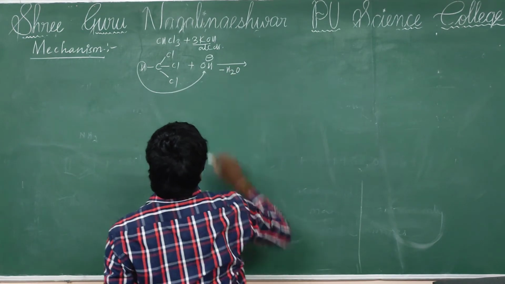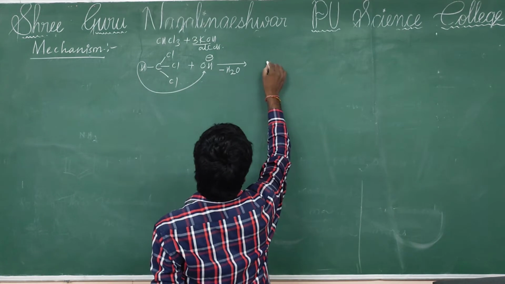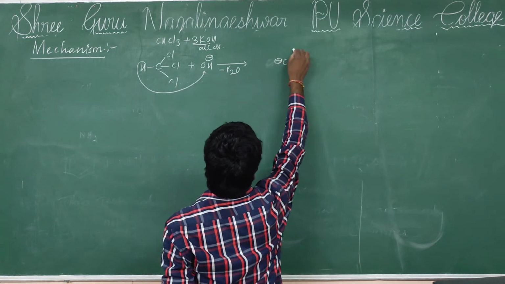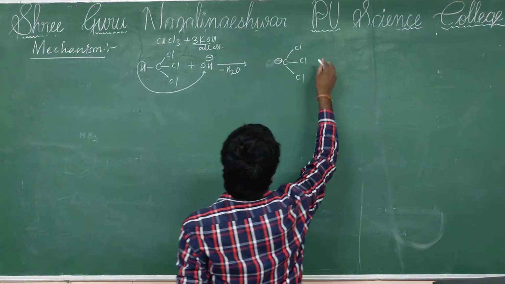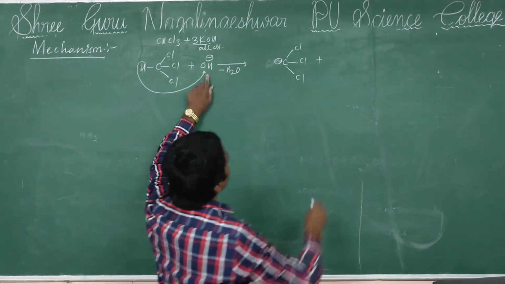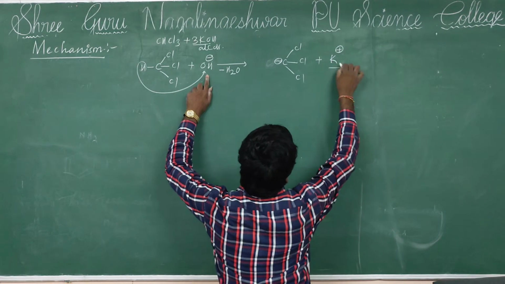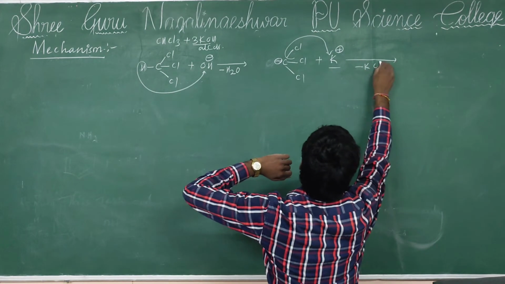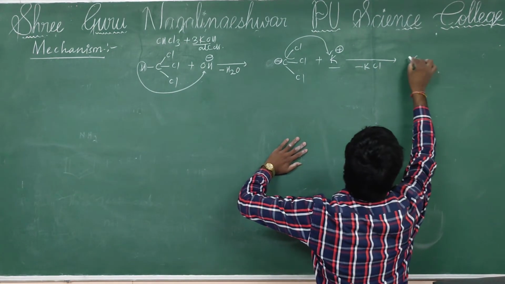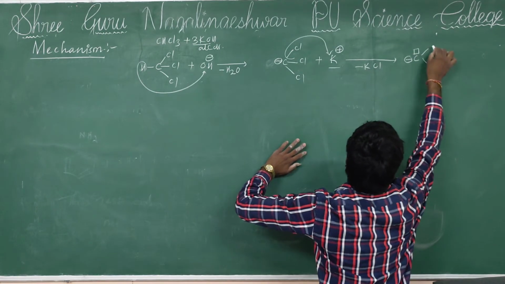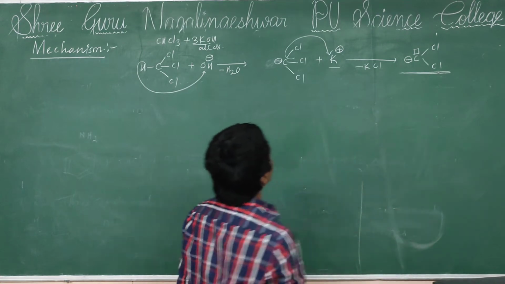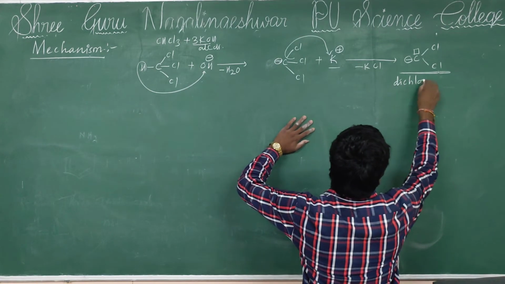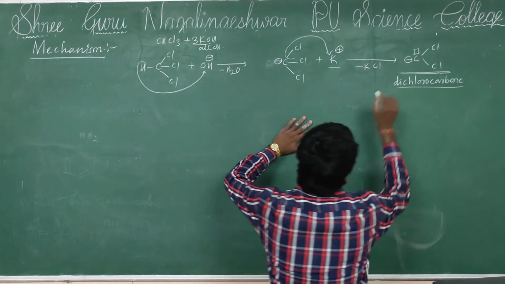Then a water molecule forms. The potassium ion accepts one chlorine, then KCl is eliminated. Then an important intermediate is formed. This is dichlorocarbene.